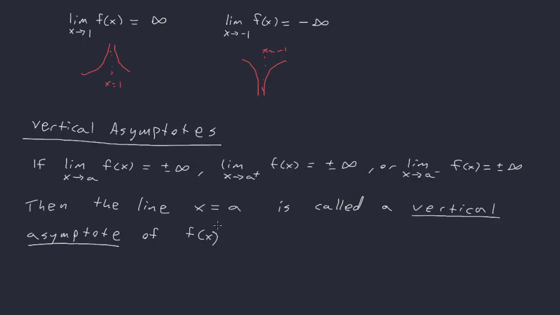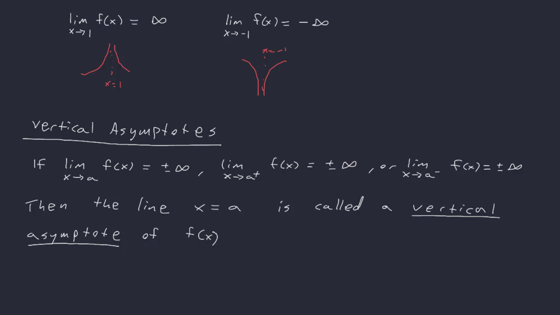I'm not quite sure how your pre-calc class may have defined vertical asymptotes. Usually it's in a very hand-wavy kind of way, or a not very robust way, but now that we have limits, we can actually just say that if the limit as x goes to a of f of x is plus or minus infinity, or the limit from either side, we don't need it to be blowing up on both sides.